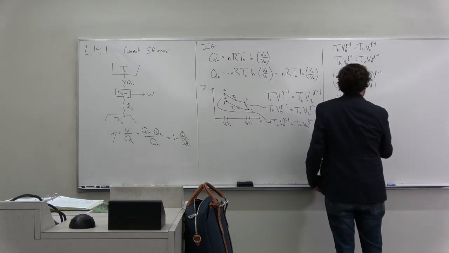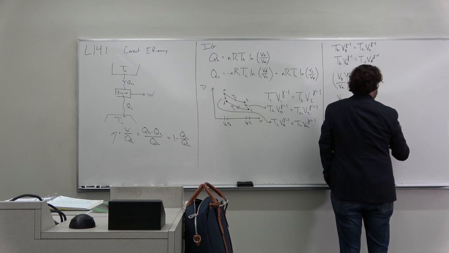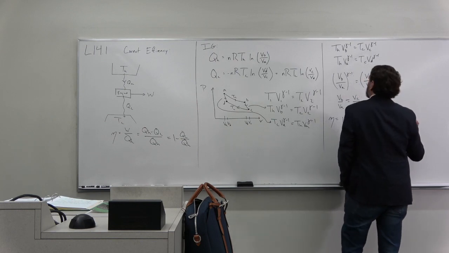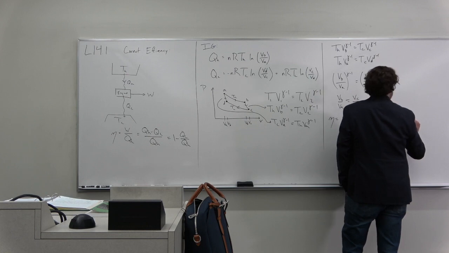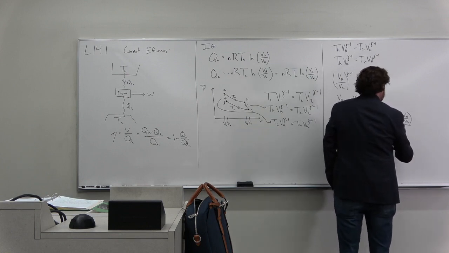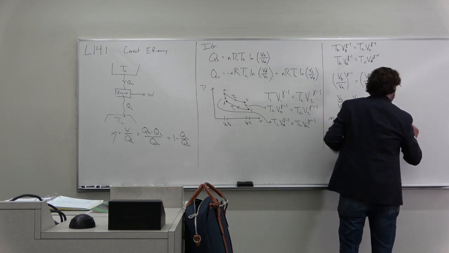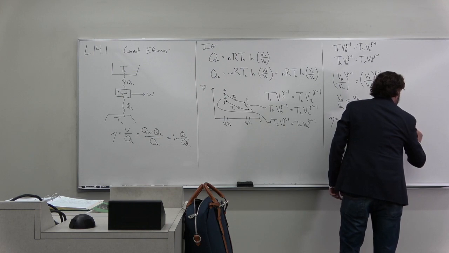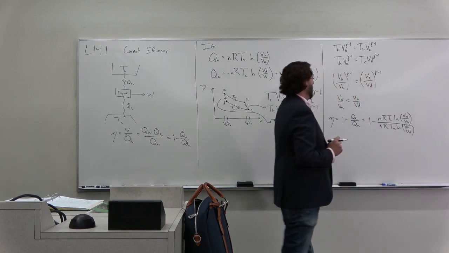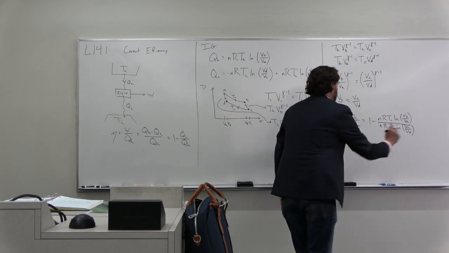If we put in what those are, this is 1 minus nRT_C log(V_B/V_A) over nRT_H log(V_C/V_D). But V_C over V_D is equal to V_B over V_A.